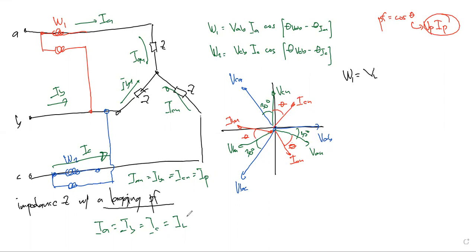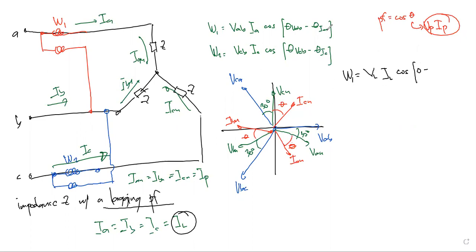IA, on the other hand, so the magnitude is equal to IL, and then cosine of theta VAB. Take a look, so theta VAB, this one, is 0 minus theta IA.